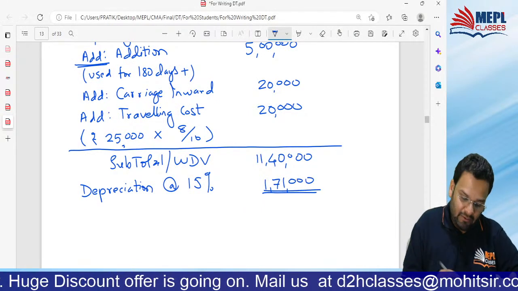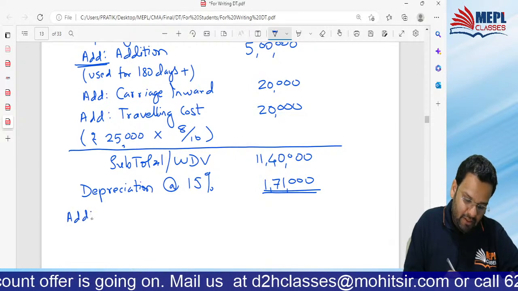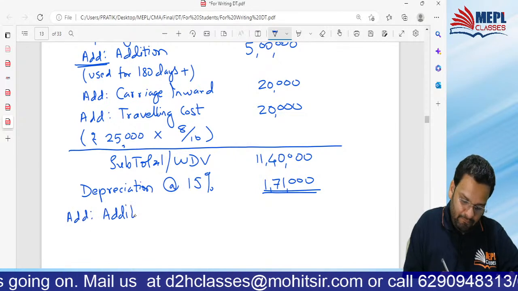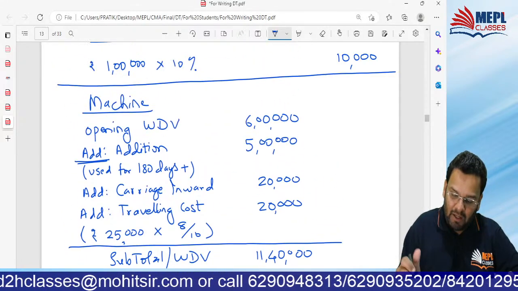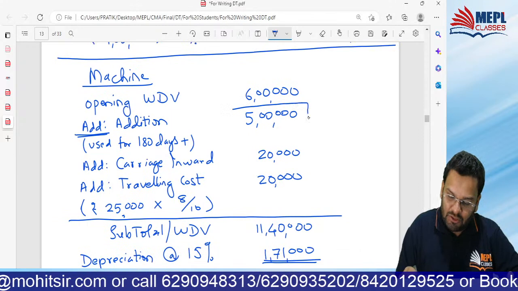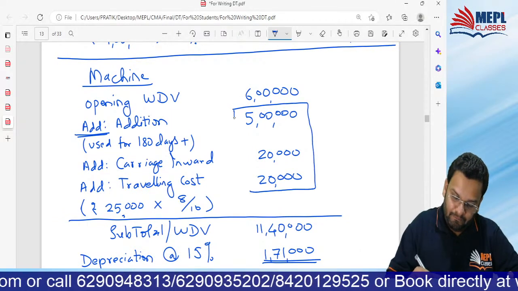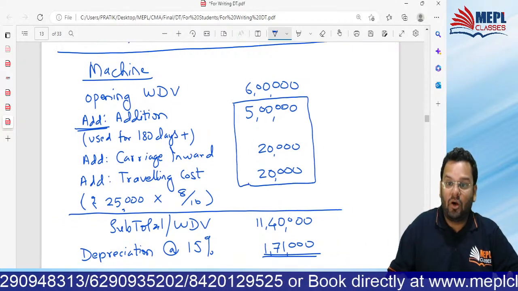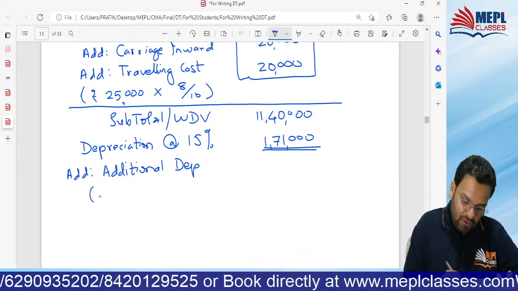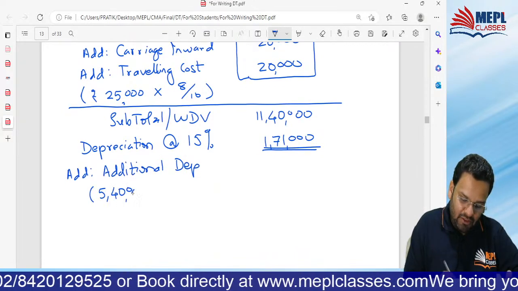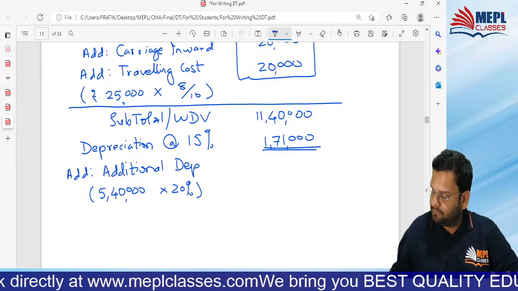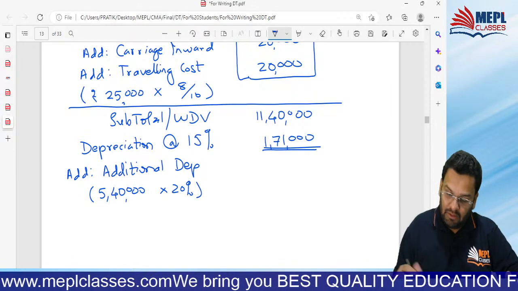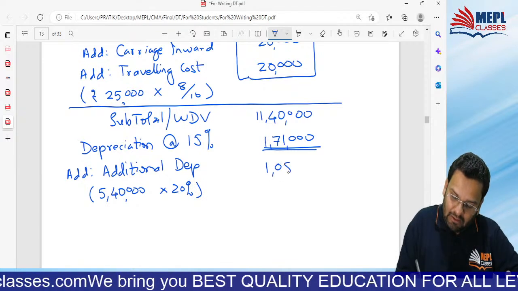And don't forget, there will be additional depreciation on this part, on newly purchased machine, because it is in manufacturing. So 5,40,000 into 20%. It is 1,08,000.